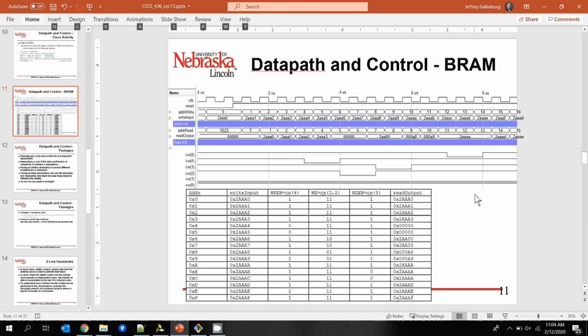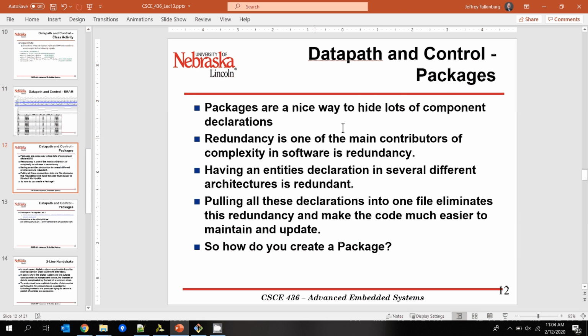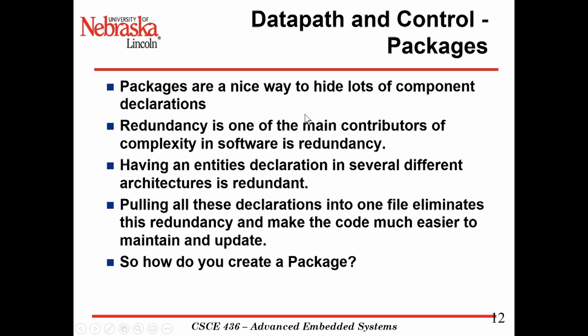Okay. The other thing we're going to talk about is packages. We are going to use them in Lab 2 as a nice way to hide a lot of our component declarations. So basically we're going to take our components and instantiate them in it sort of as a header file for the HDL. So we instantiate it once and then we never have to declare it again.